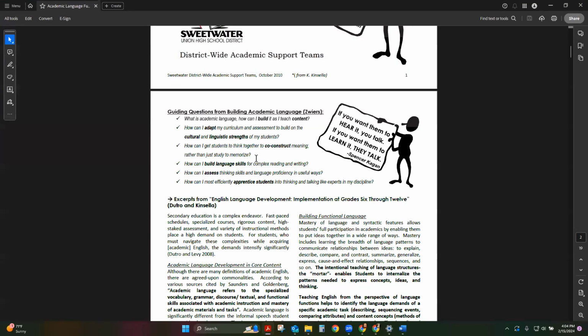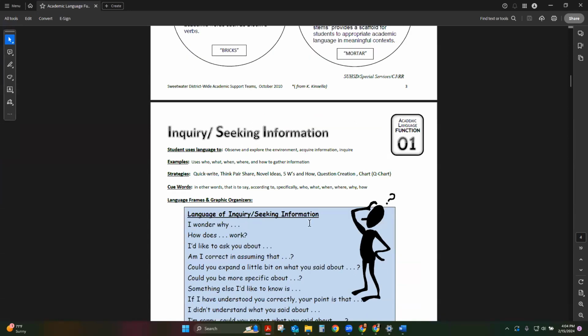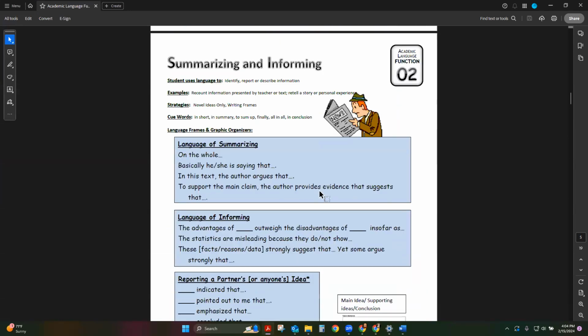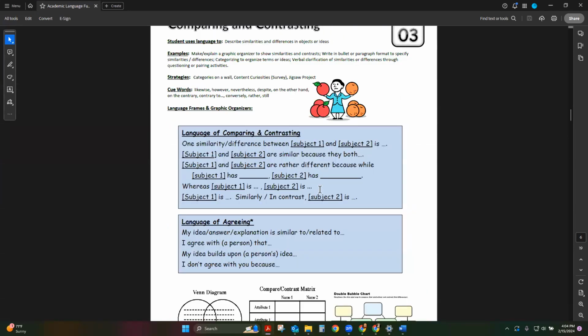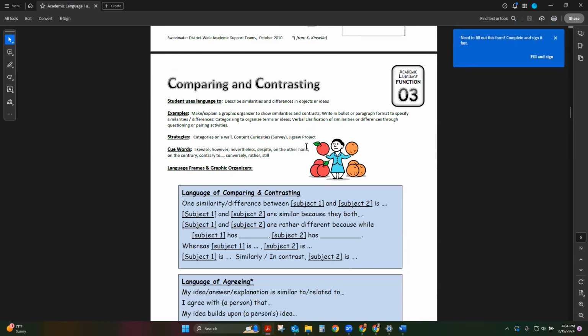When you get in here, it gives different types of language, and you would want to go to comparing and contrasting on page 3 here. It gives an example of how you can write comparing and contrasting summary. And so here you'll be able to see that, one similarity, and you got to label it, one difference.